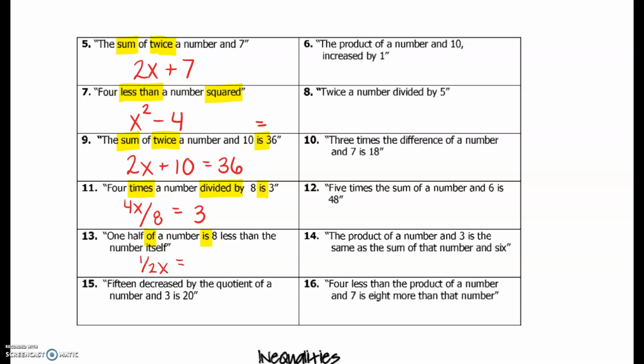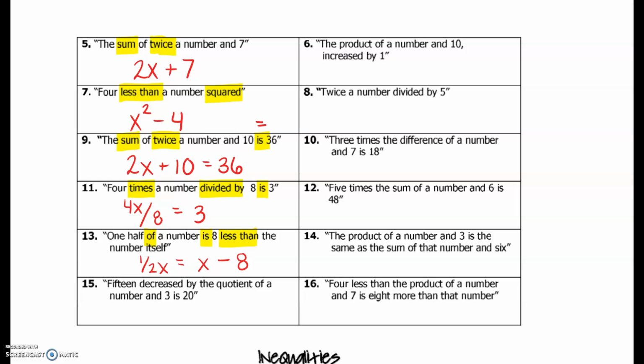And then be careful as you're reading the next part. 8 less than the number itself. Well, less than indicates to us that we have to use subtraction. However, this is again our turnaround word. So instead of the 8 coming first, the 8 will come at the end of our problem, and we will say x minus 8.